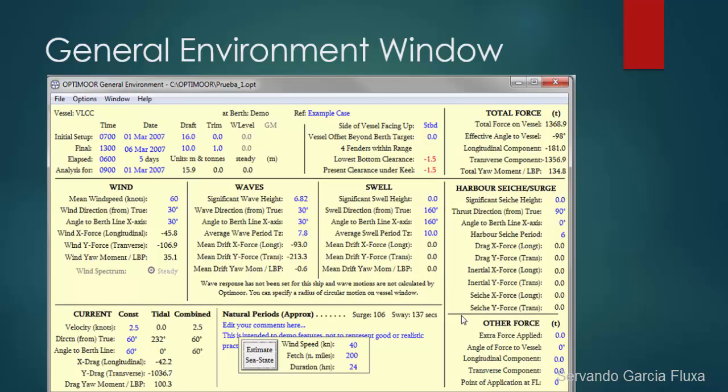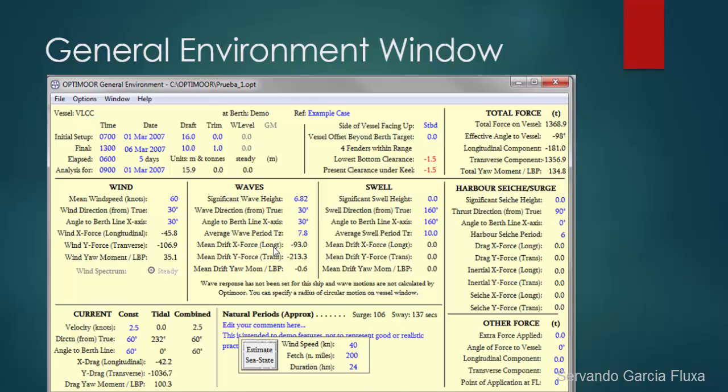Also, if you don't have wave data, OPTIMOOR allows you to estimate a sea state. So if you introduce a wind speed, a fetch, and a duration of the storm, OPTIMOOR calculates what could be the waves that are going to be generated by that wind.